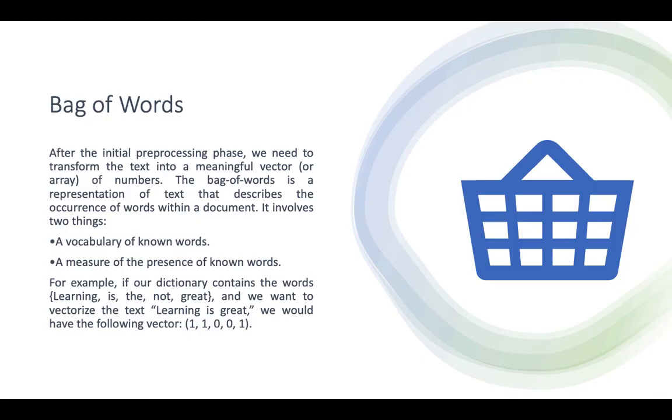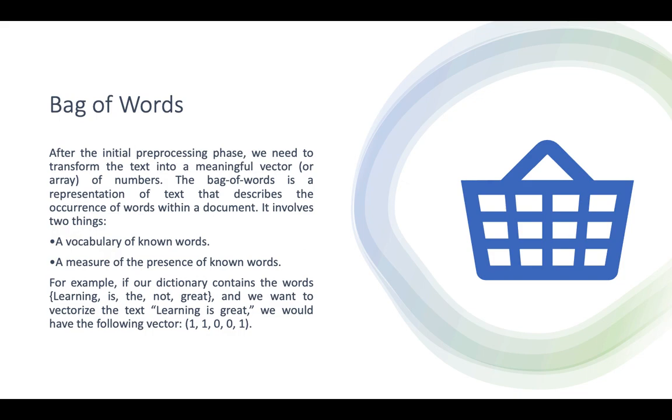Now let's understand what exactly bag of words is. After we are done with the initial pre-processing phase, we need to transform the text into a meaningful vector of numbers. So the bag of words is the representation of text that describes the occurrence of words within a document. It mainly involves two things, that is a vocabulary of known words and a measure of the presence of known words.